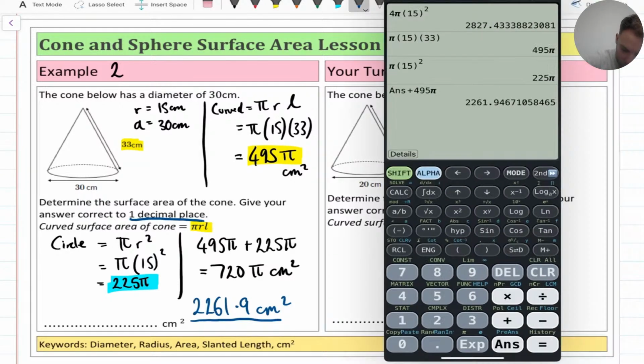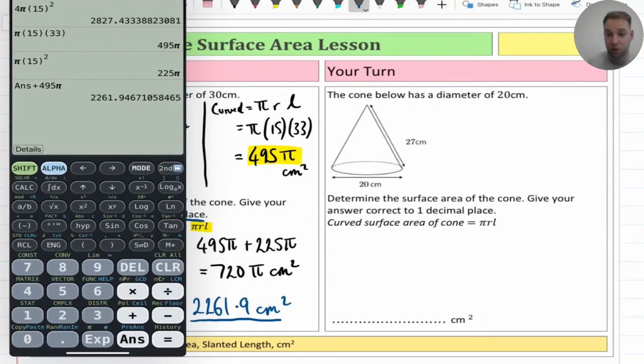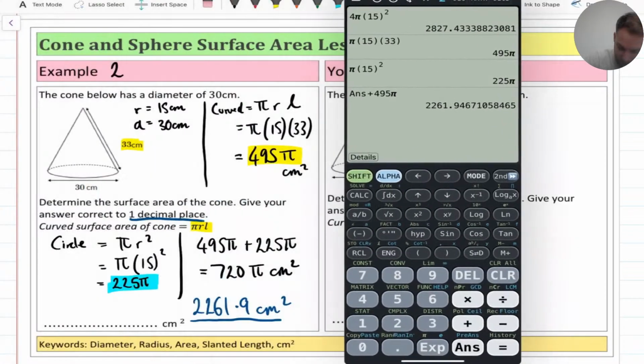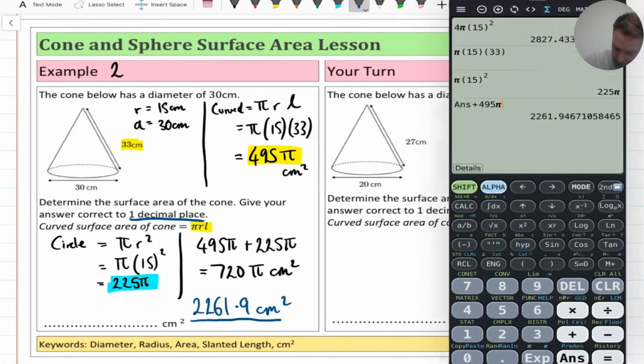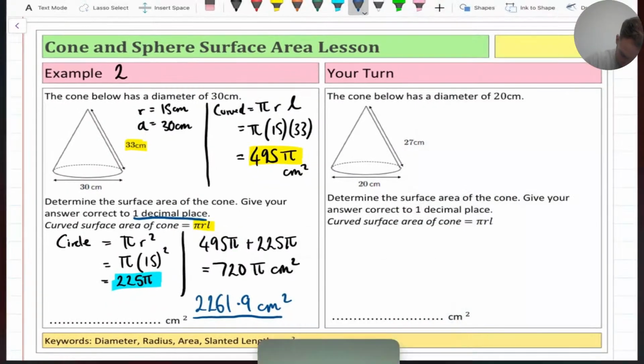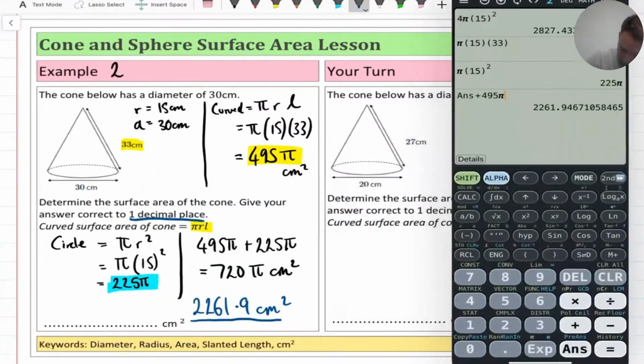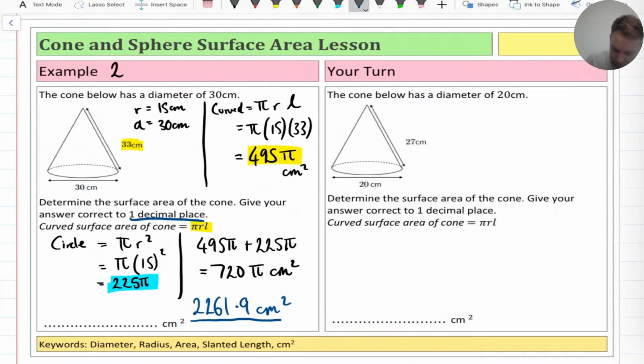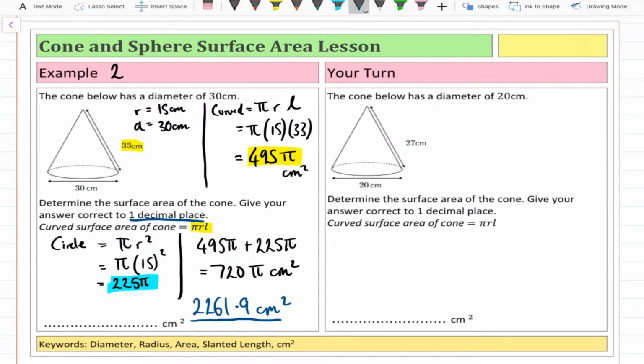So have a little go at that one on the right hand side now. Give you a few seconds to have a go at that.